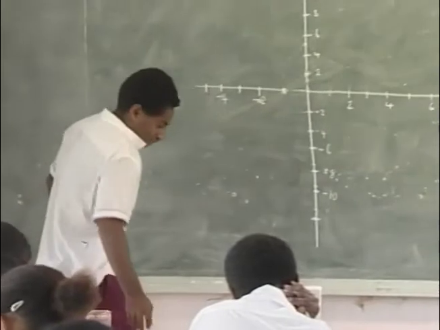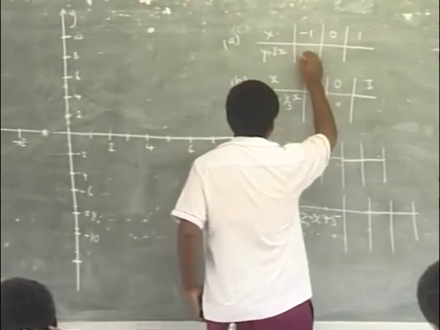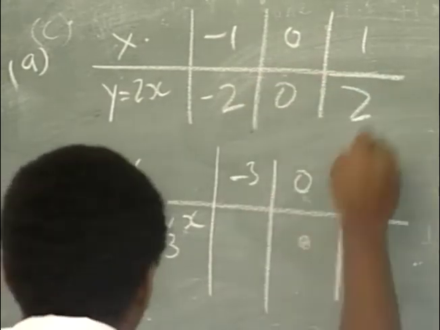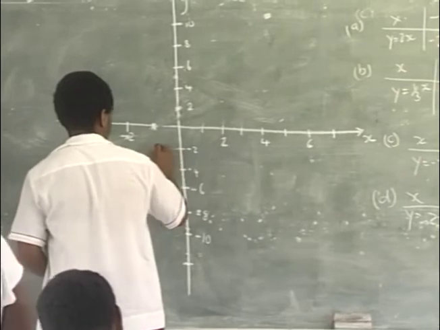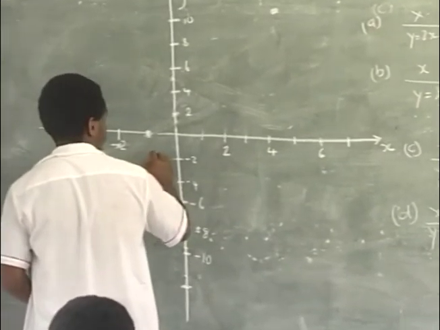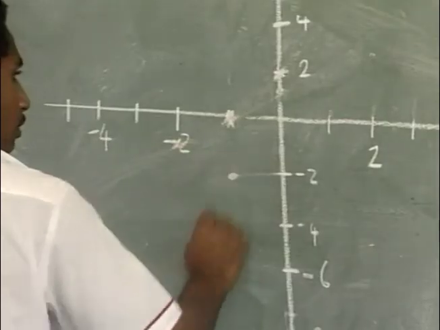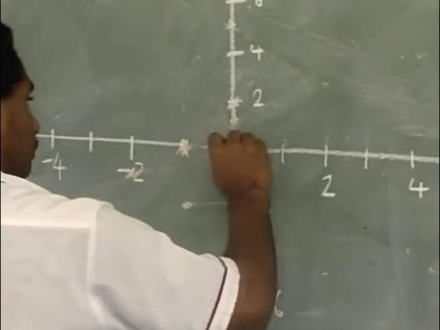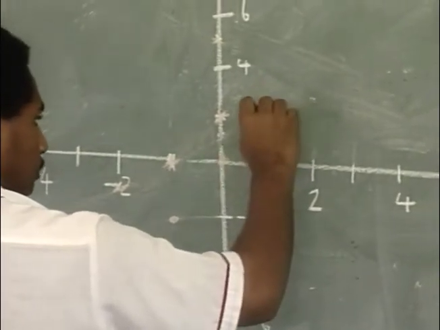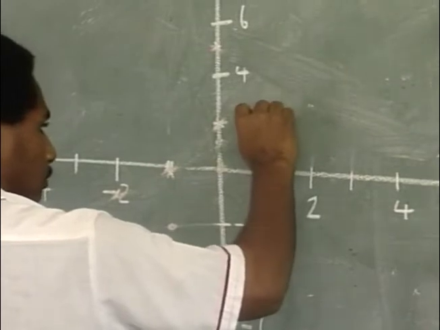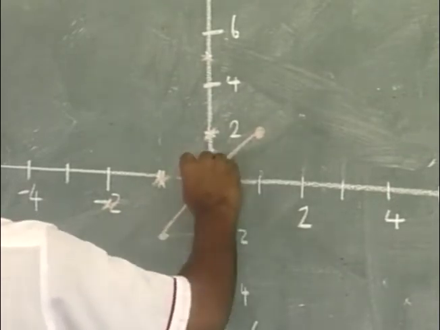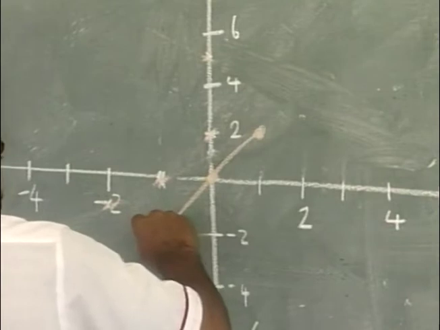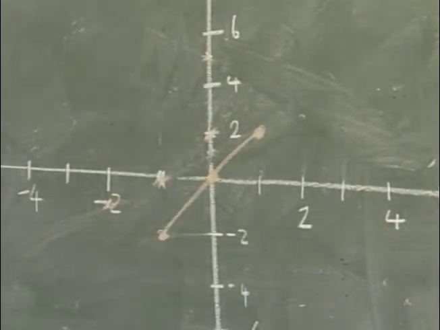Use white chalk. Draw it with a different colored chalk. Next.